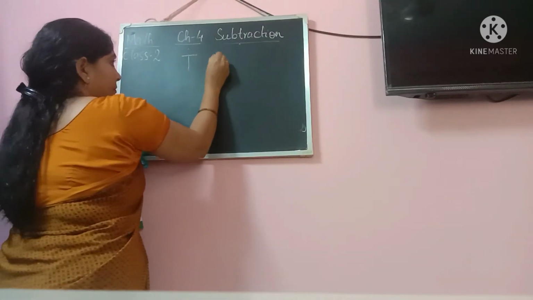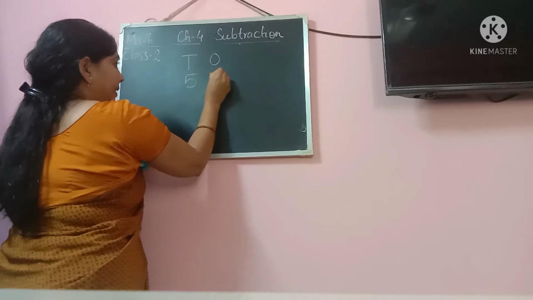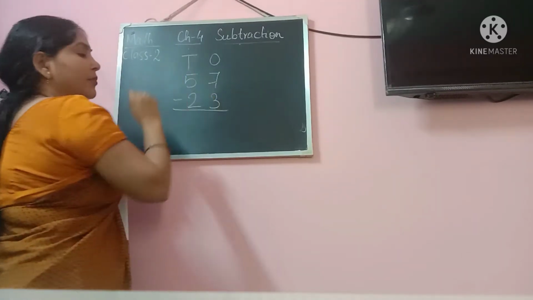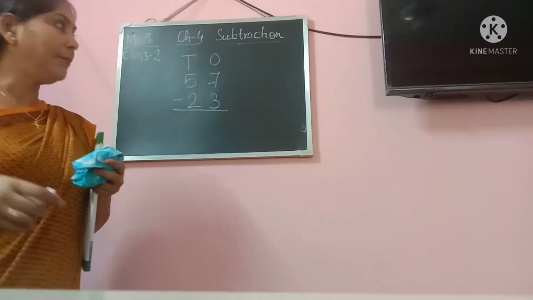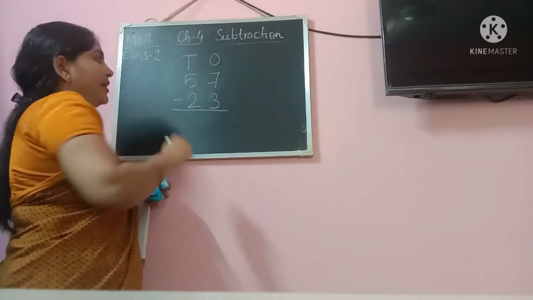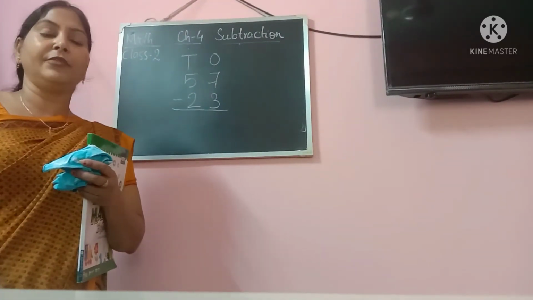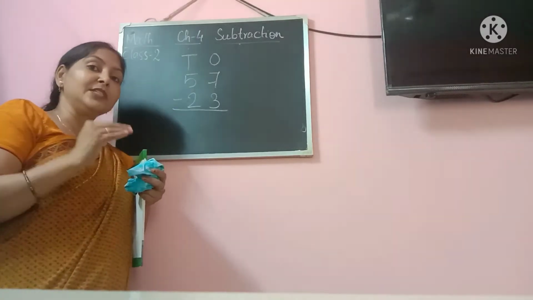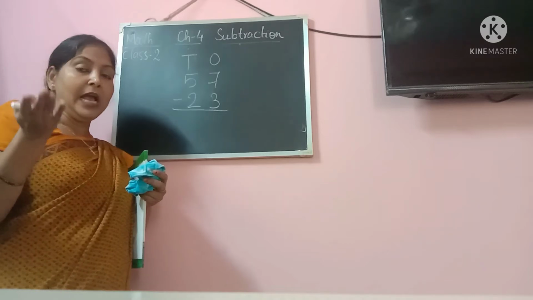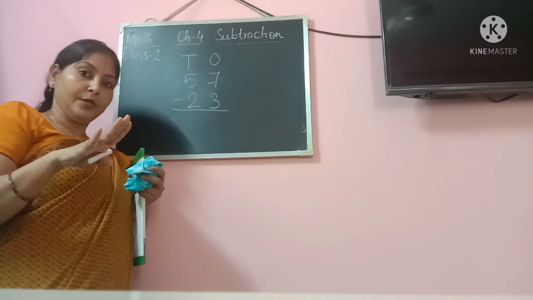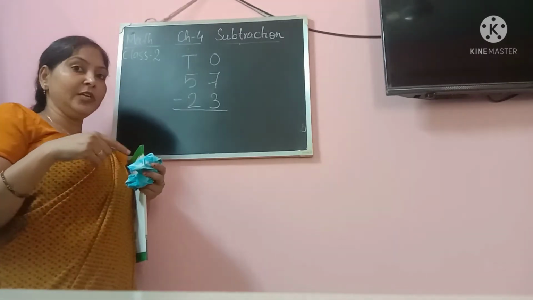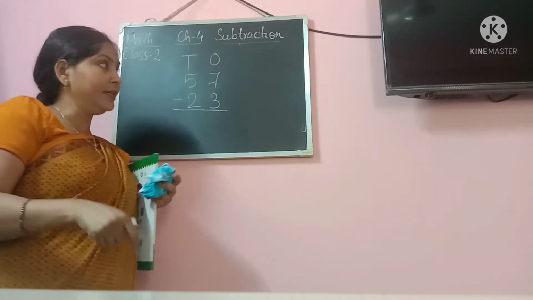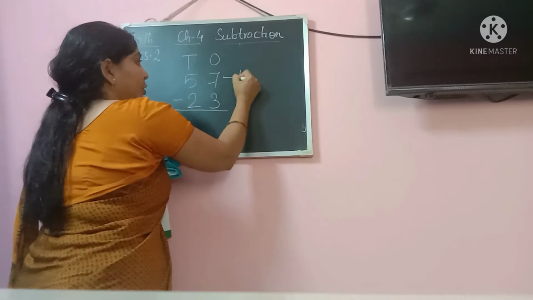Say I am subtracting 23 from 57. And remember always that whenever we do subtraction, we always write the bigger number up and the smaller number down. Correct? Now the larger number from which the smaller number is to be subtracted is called the minuend.